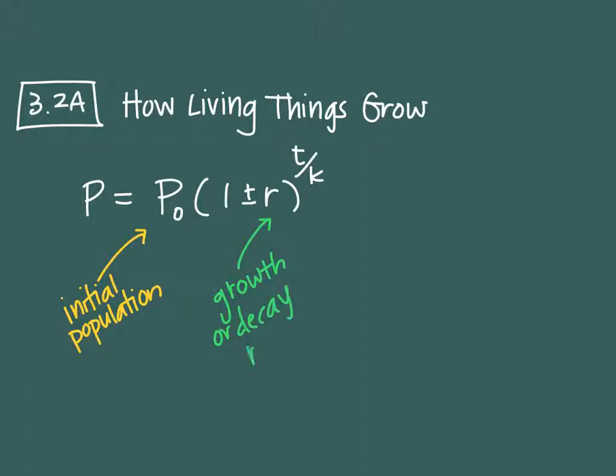So it's the growth or decay rate. All right, T is time. Okay, that's pretty typical. And then K. K is the growth cycle length.